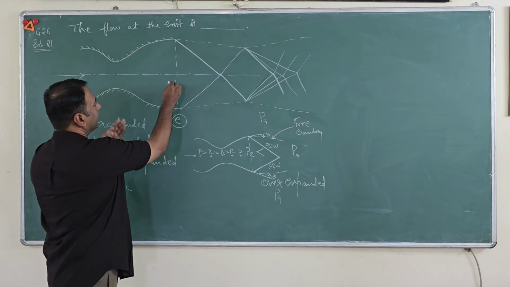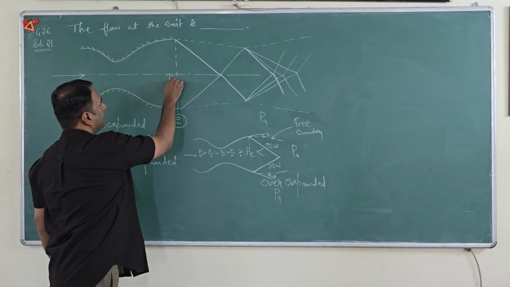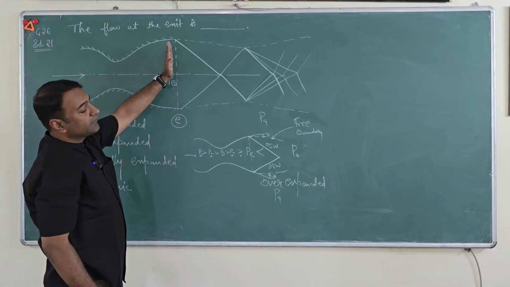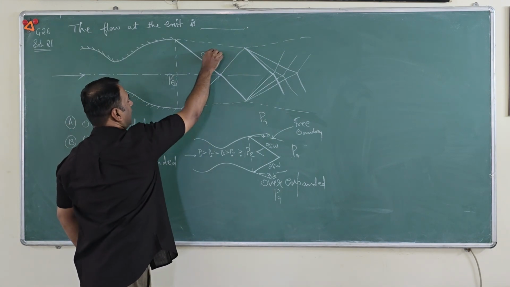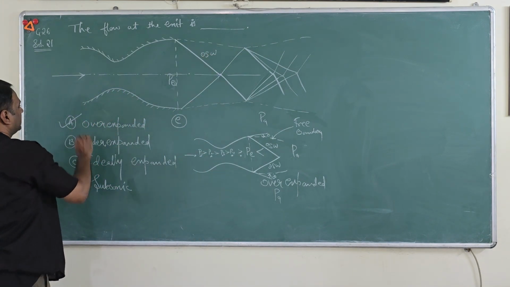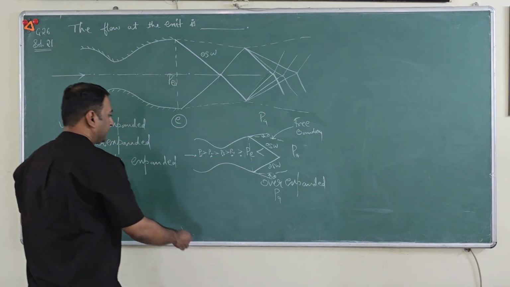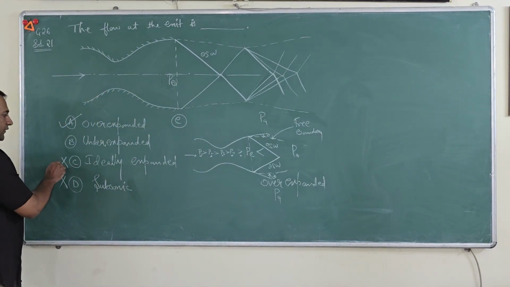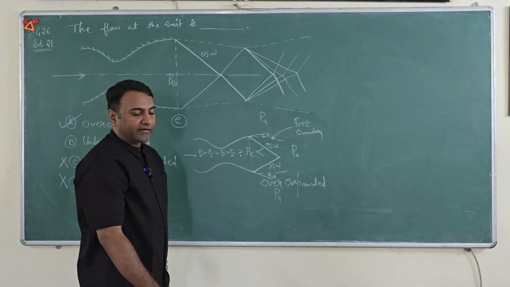At the exit plane, we have the pressure PE, which is lesser than PA, so an oblique shock wave has formed. So the flow is overexpanded. Obviously it is not the ideal expansion.